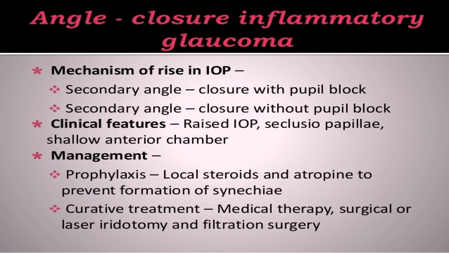Thus slowly the entire pupil gets attached, or sometimes the posterior surface of the entire iris is attached to the lens. That's how there will be blockage of the aqueous drainage, and there will be iris bombe, you know already, that is the iris is pushed forward and that causes the raise in the IOP. So this is called occlusio pupillae.